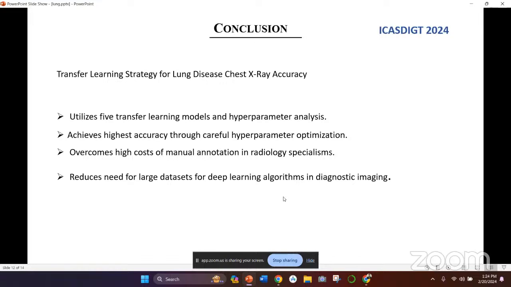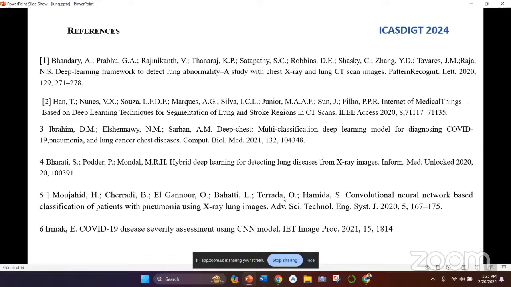We used five transfer learning models, and hyperparameter analysis improved accuracy through careful hyperparameter optimization, overcoming the high cost of radiation specialists and reducing the need for large datasets for deep learning algorithms including images. Here are some references. Thank you.